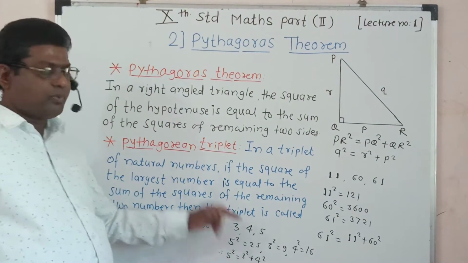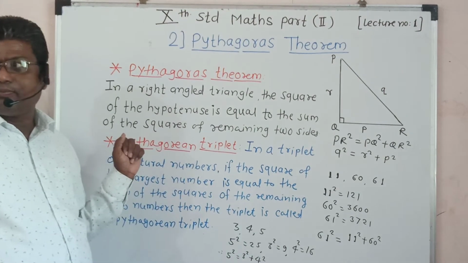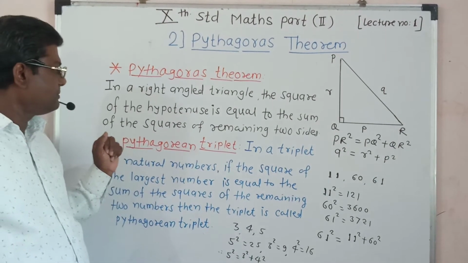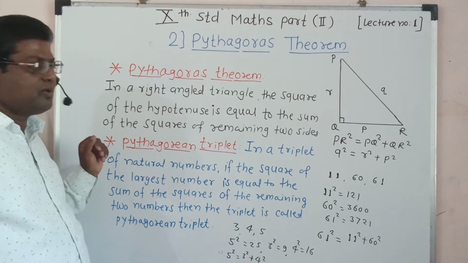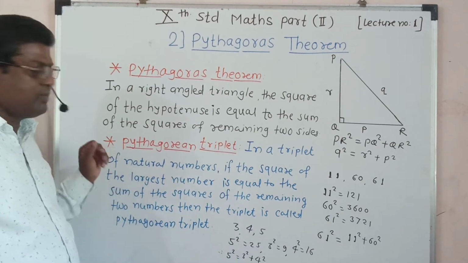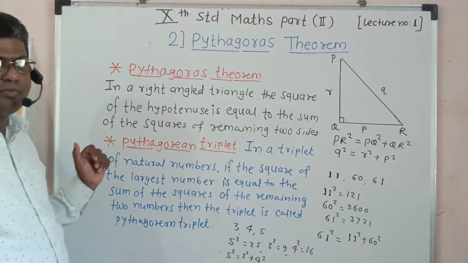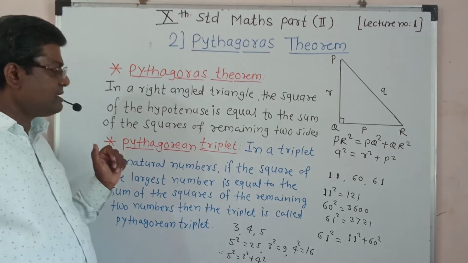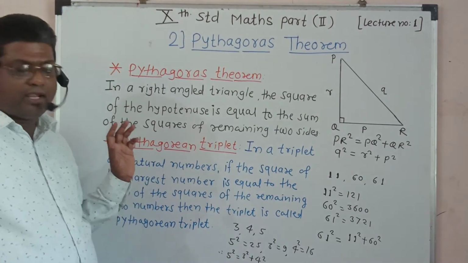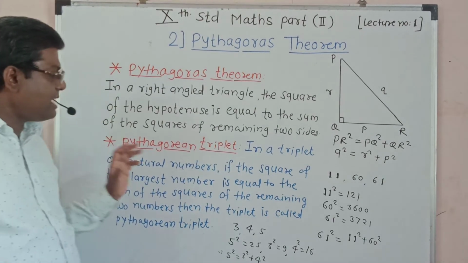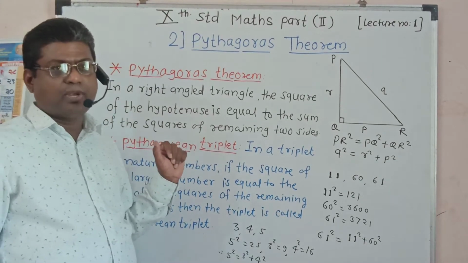So 3, 4, 5 is called as a Pythagorean triplet. So what is meant by Pythagorean triplet? In a triplet of natural numbers, if the square of larger number is equal to the sum of squares of remaining two numbers, then it is called as a Pythagorean triplet.